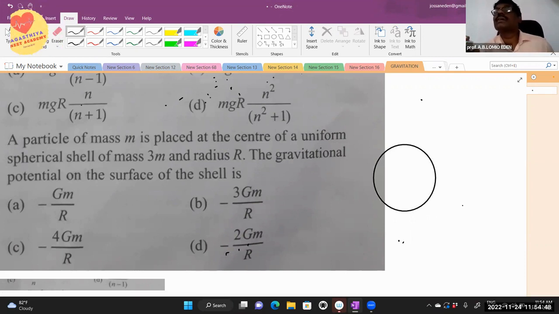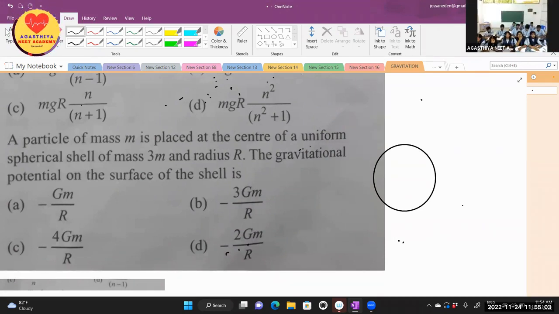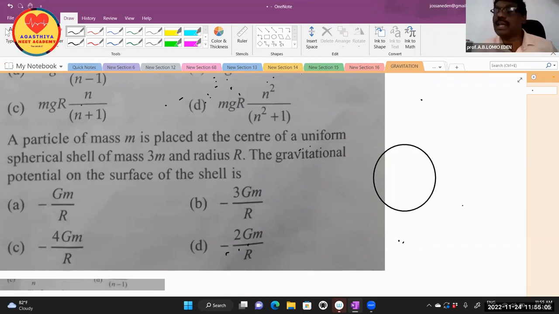Shell means like a ball, a football, in which there is a vacuum space. The material is a very thin layer of the material. Okay? A hollow one. Hollow sphere is nothing but the spherical shell. Understand?